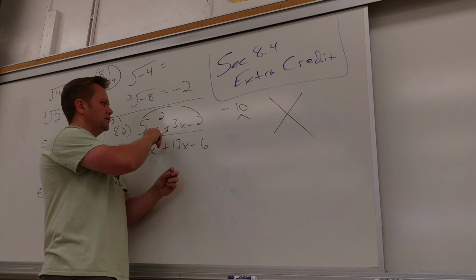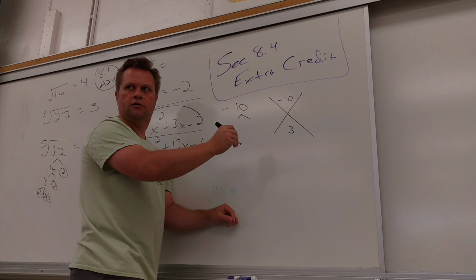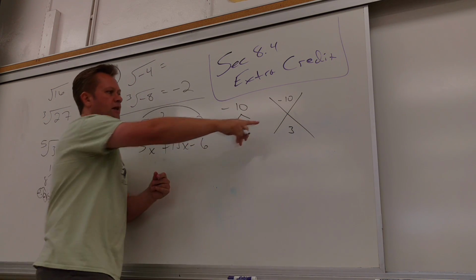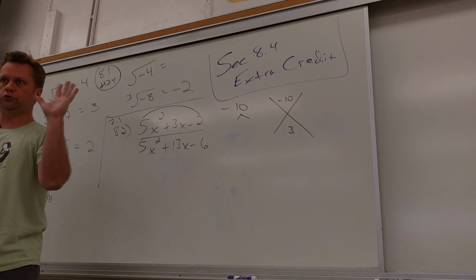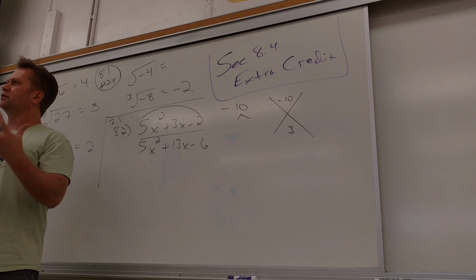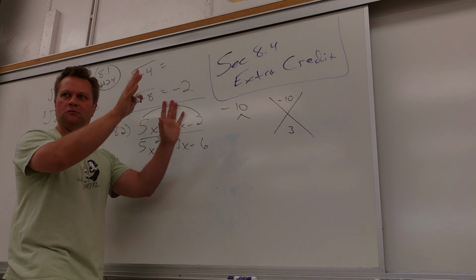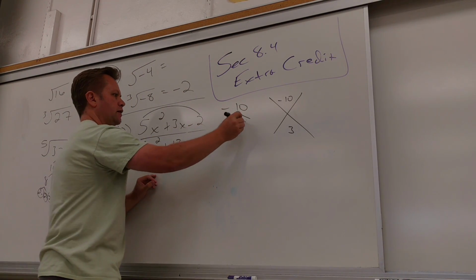I just don't write the X. So here you would put a negative 10 here and a 3 there, is that right? Mm-hmm. There's my negative 10, and then there's my 3. But if that helps you, cool, I love it. If it helps you, I'm not going to say don't do it. I just don't get why it helps. Just because it's more visual, more compact, maybe? Okay. So that'd be 5 and negative 2.